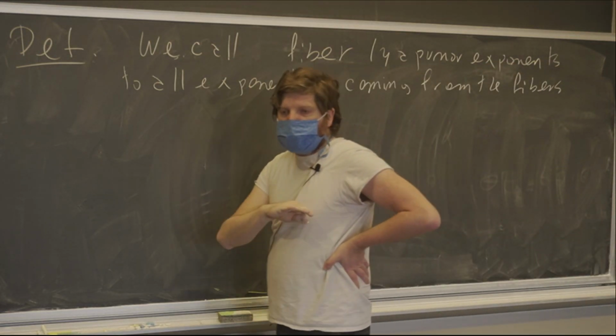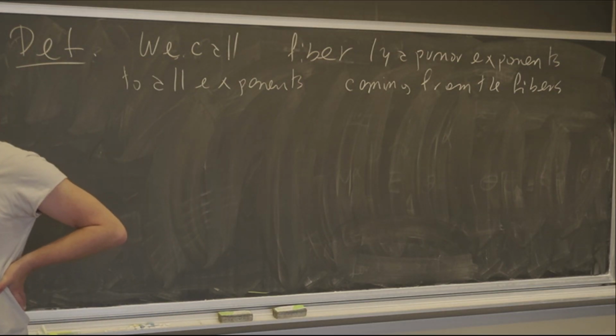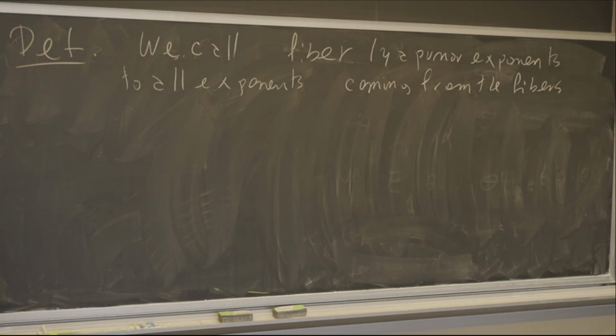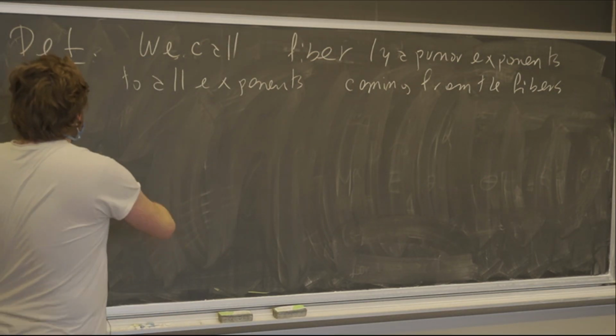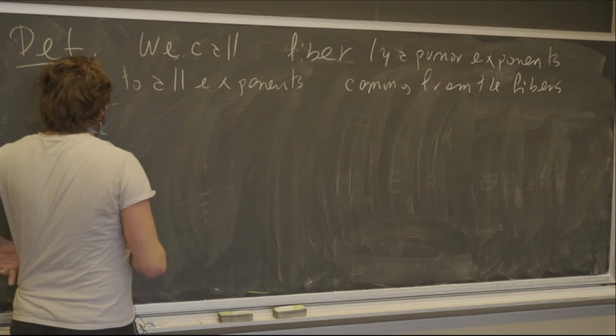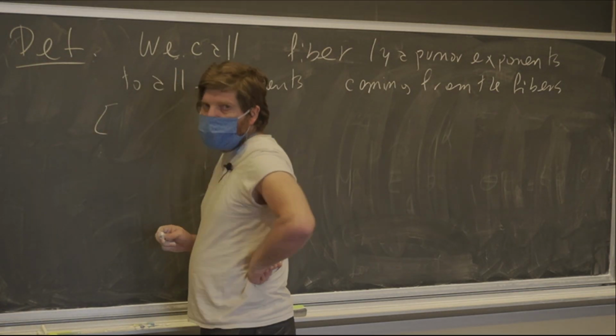Okay, and the ones coming from the G direction, they are called roots, because the chi ij's are called roots. Okay, so that's Lie group theory notation, representation theory notation.